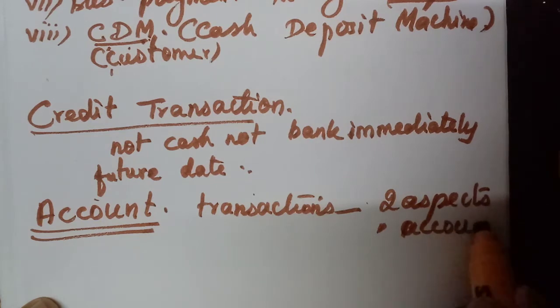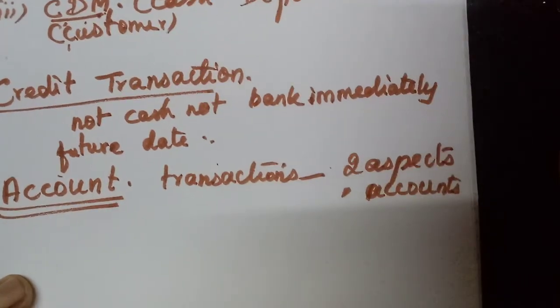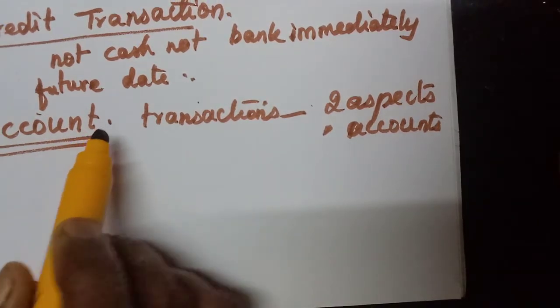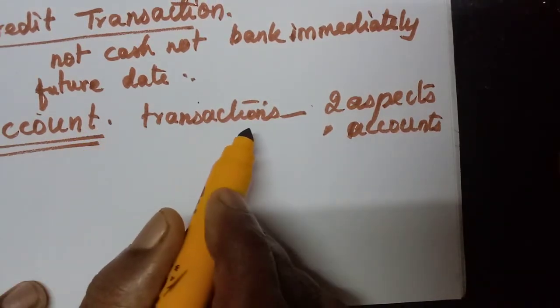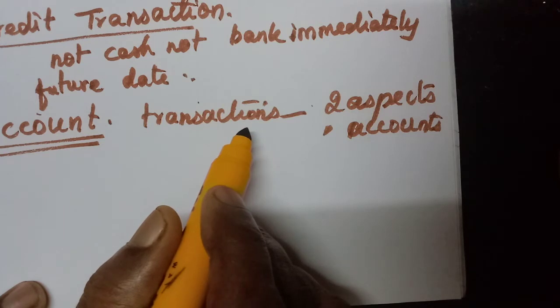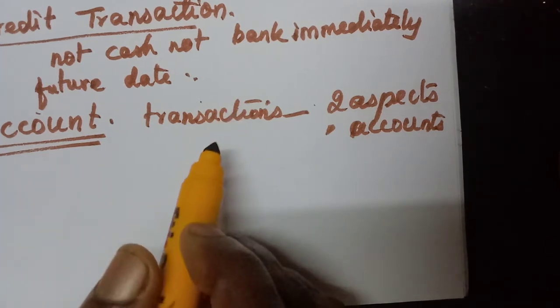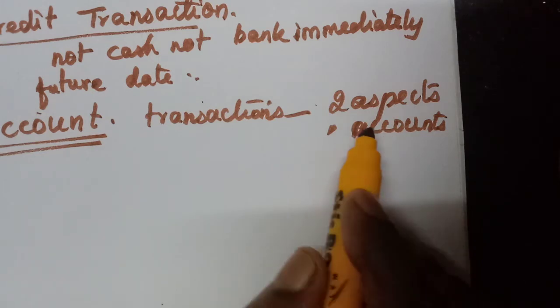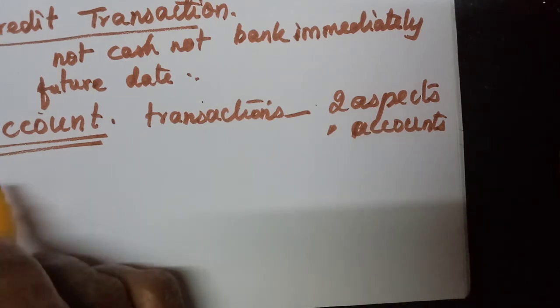It affects two accounts. Each transaction has two aspects, and those two aspects are the two accounts. Now we can say, what is an account?